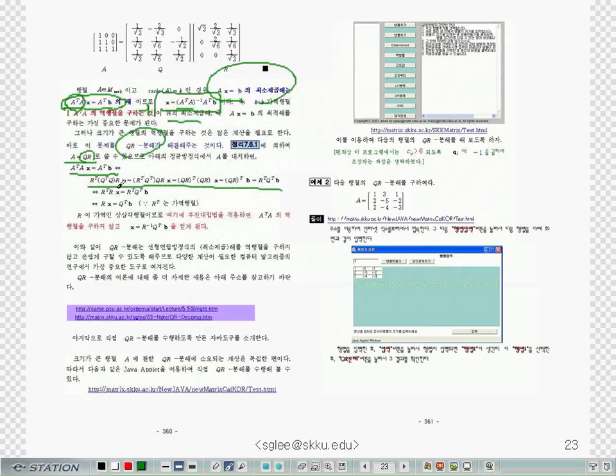Because A is equal to QR, QR here, QR transpose here. Here R is an upper triangular matrix.